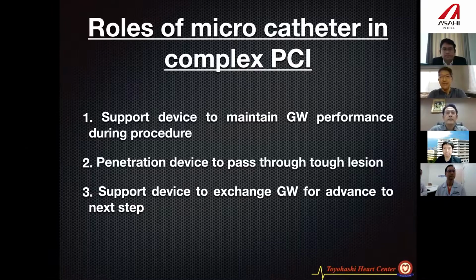The first, as a support device to keep the guide wire performance in the complex region. And then as a penetration device instead of the small balloon. And third, as a device to exchange the guide wire instead of using the extension wire.